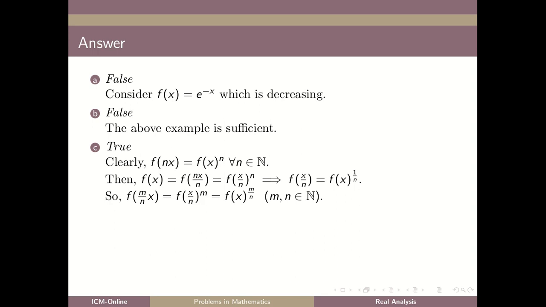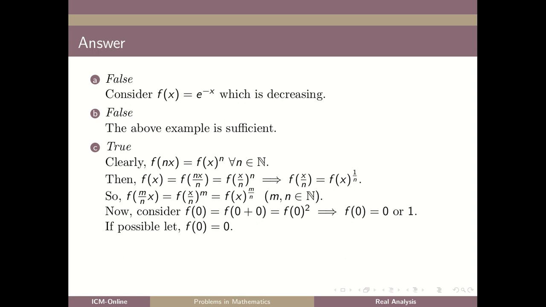Now, let us consider the remaining case. Consider f of 0, which is same as f of 0 plus 0, which can be written as f of 0 square by the given property. So f of 0 is either 0 or 1. Now assume that f of 0 equals 0.